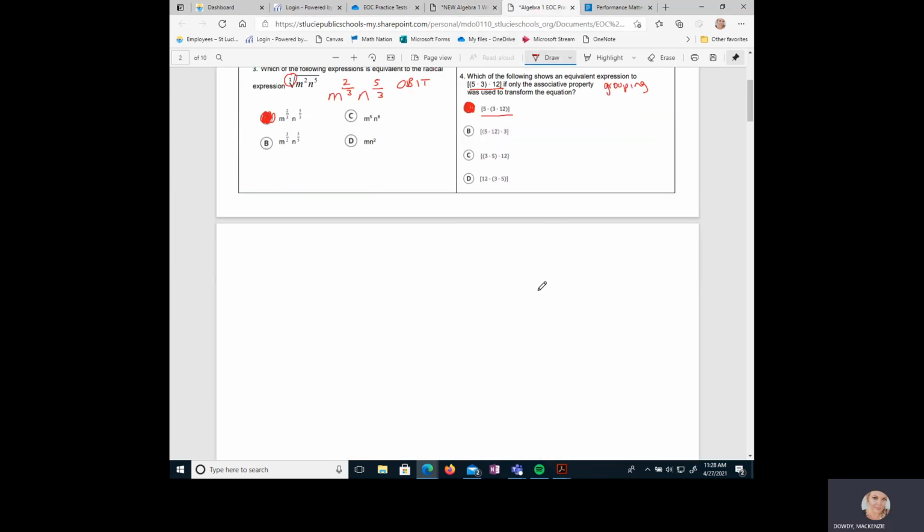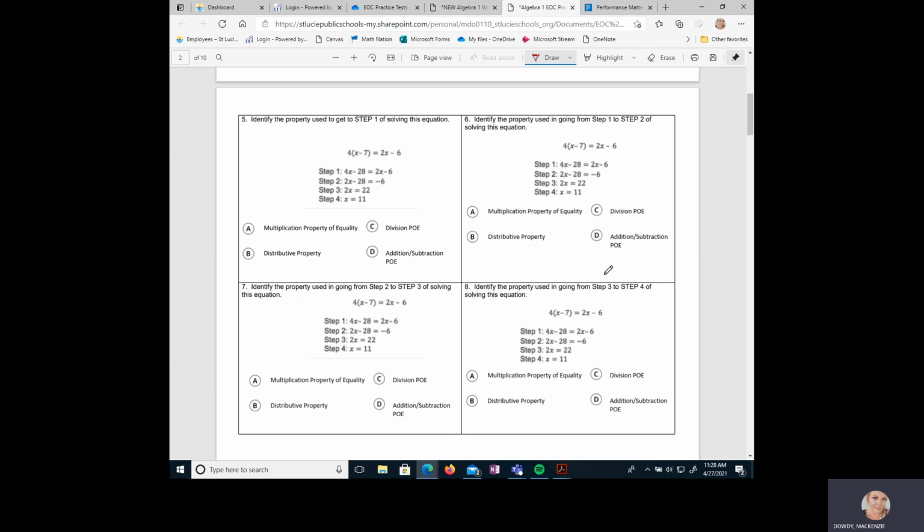So now we come down here to 5, 6, 7, and 8, and they're going to ask us about those properties of equality that we just did. So for number 5, they want to know, how did they get to step 1? From 4x minus 7 equals 2x minus 6, how did they get from that to 4x minus 28 equals 2x minus 6?